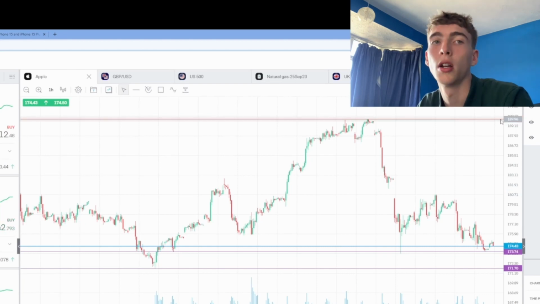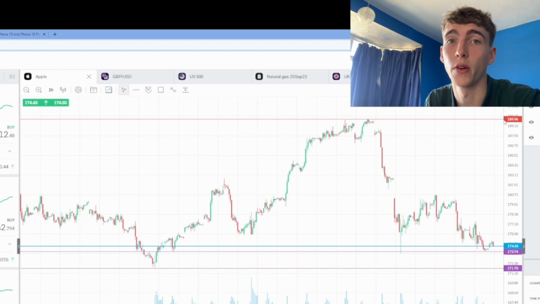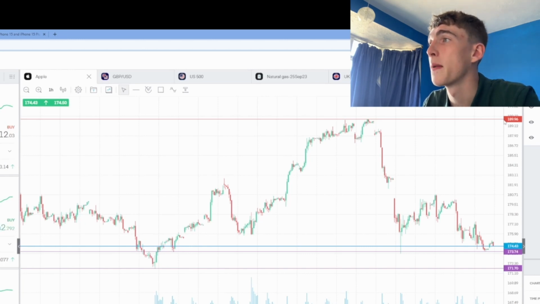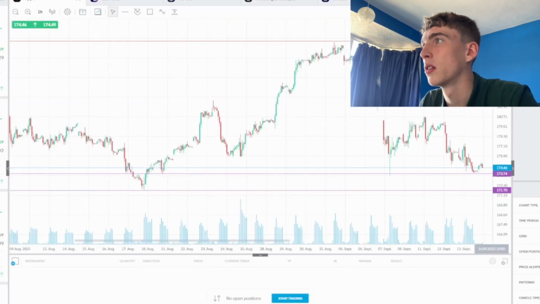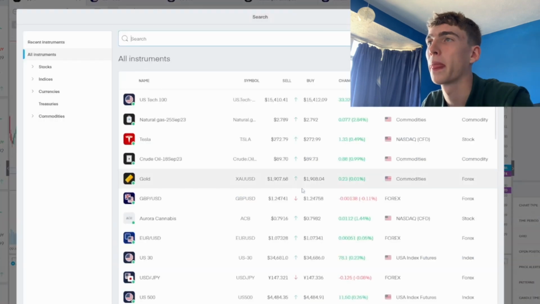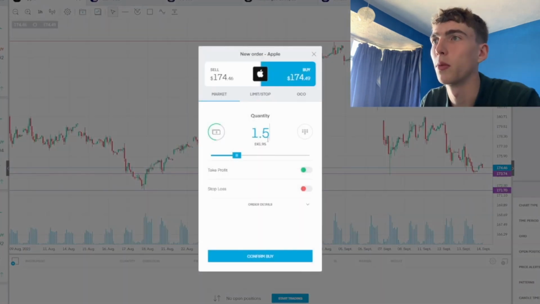So I'm going to just verbally say I think it will break $190 per share. Possibly 200. It really depends on how well the phone does when it releases. But for the time being, I'm going to set my take profit at around, let's say, 182.5.